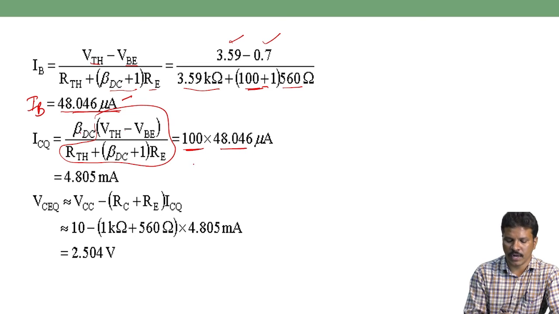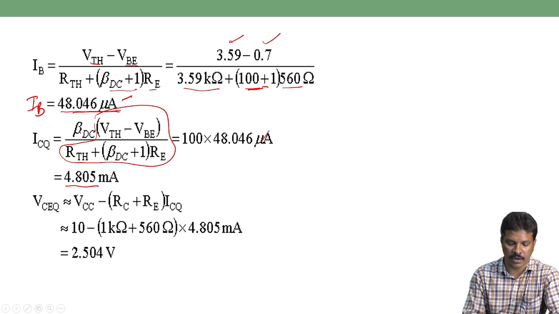Multiplied here, we get 4.8 milliampere, as the three zeros cancel. So IC is equal to 4.805 milliampere.